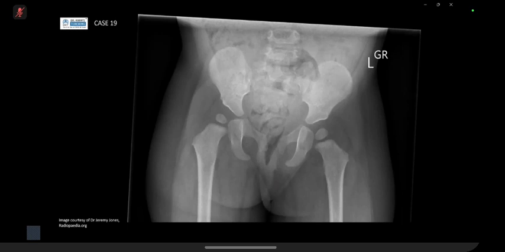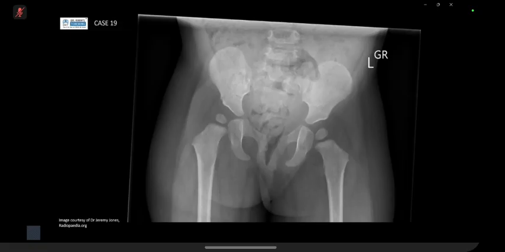I will check if there are any signs of DDH, hip dislocation. As I can see on the right side, there is mild disruption of the Shenton line, and the femoral head epiphysis is slightly smaller, asymmetrical.